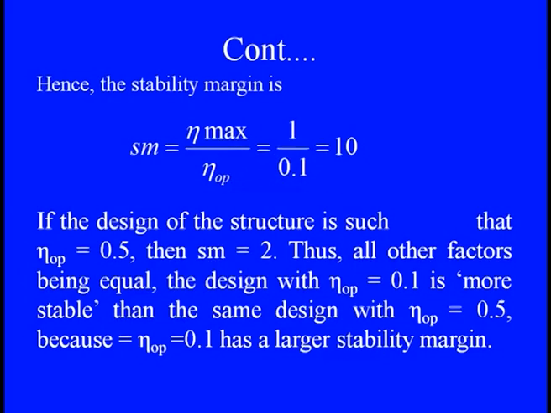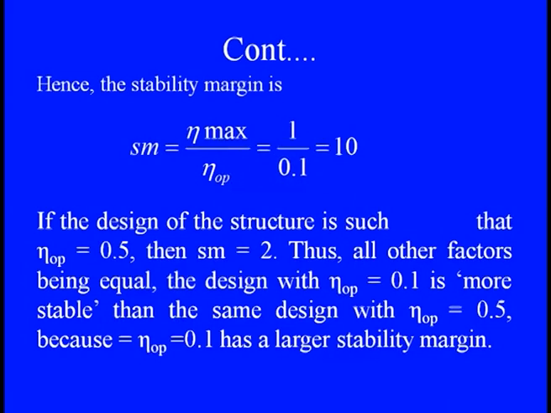With neta maximum 1 divided by the optimum 0.1, this equals 10. And if the design of the structure is such that the optimum neta is 0.5, then the stability margin is 2.